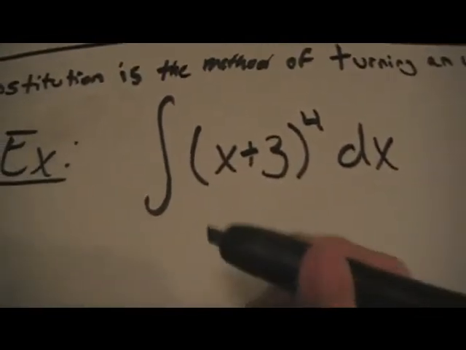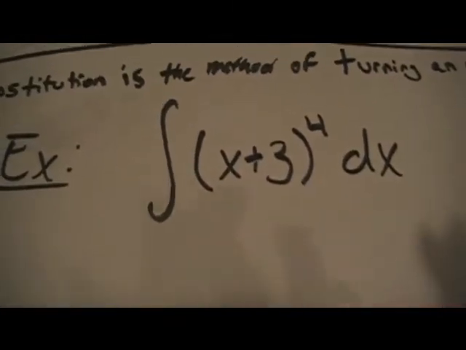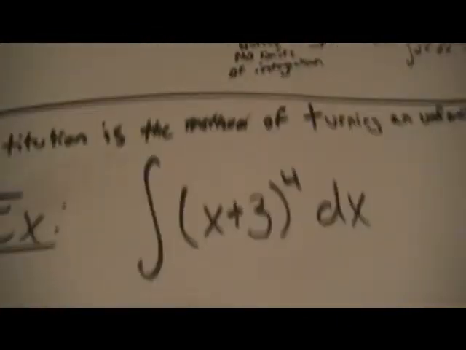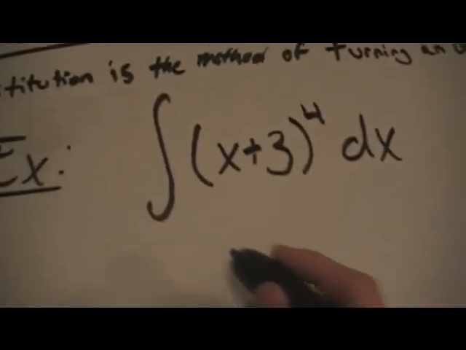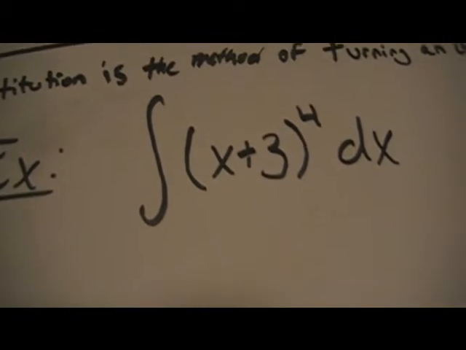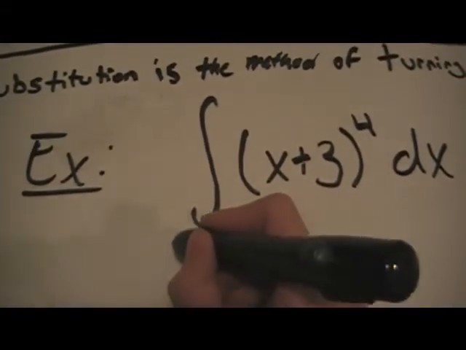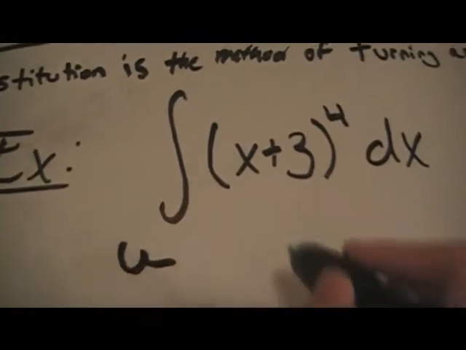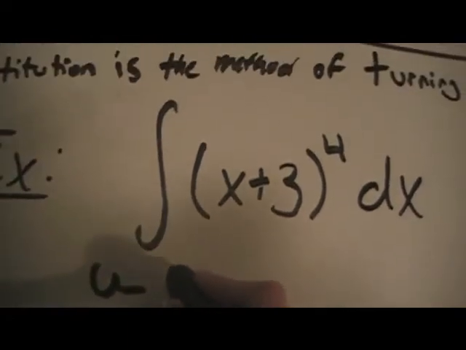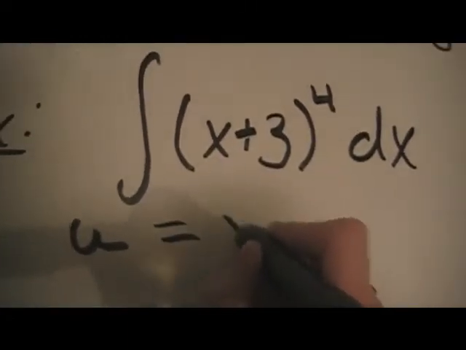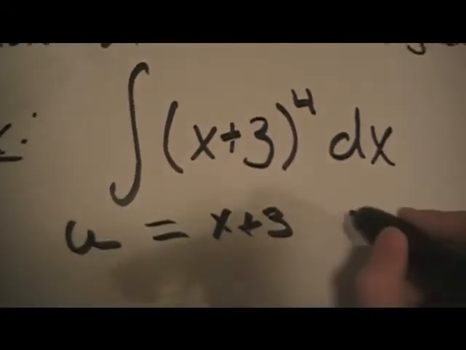To do this, we've got to use u's and du's. We've got to turn this unfamiliar equation into something of the more standard variation, where we can use the simple power rule. So basically, you want to set something here as u, and we're going to say that u is equal to x plus 3.